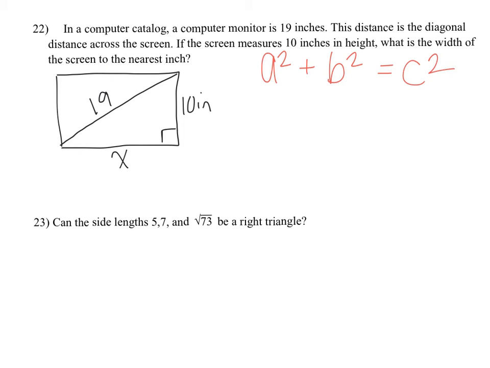If 19 is our diagonal, where does it belong? It is our hypotenuse, so we're going to have to write 19 squared. Now, in class, you will remember I have mentioned it doesn't matter if you call 10 an x, your a, or your b, as long as you don't call it your hypotenuse. So let's call 10 your a and square it.